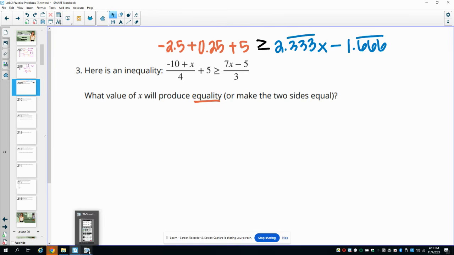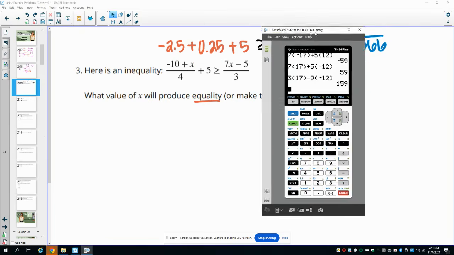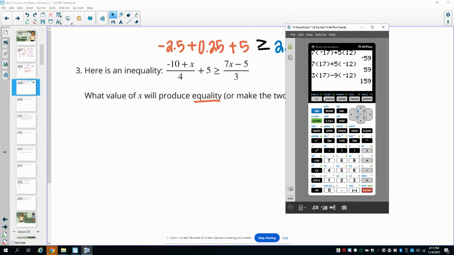One other way you can solve these is you can plug both sides into your y equals, and then we can figure out where they cross. So we can type in negative 10 plus x divided by 4 for our first equation, and then we can type in 7x minus 5 divided by 3 for our second equation.